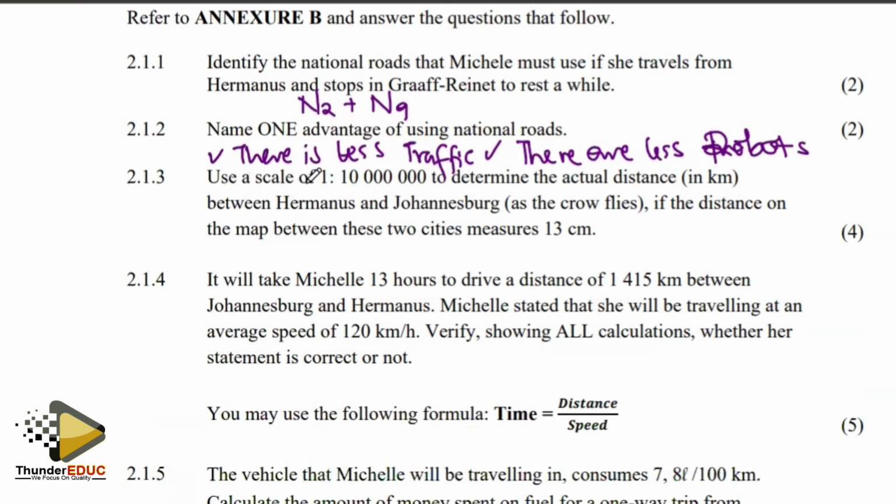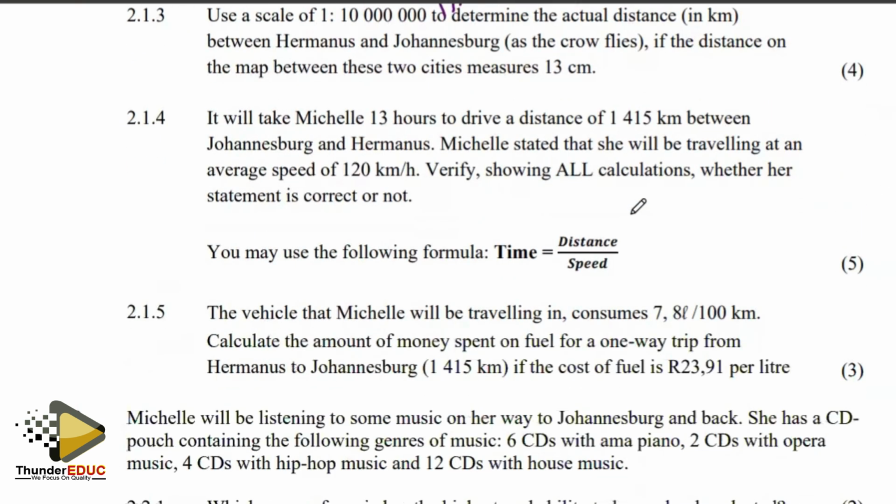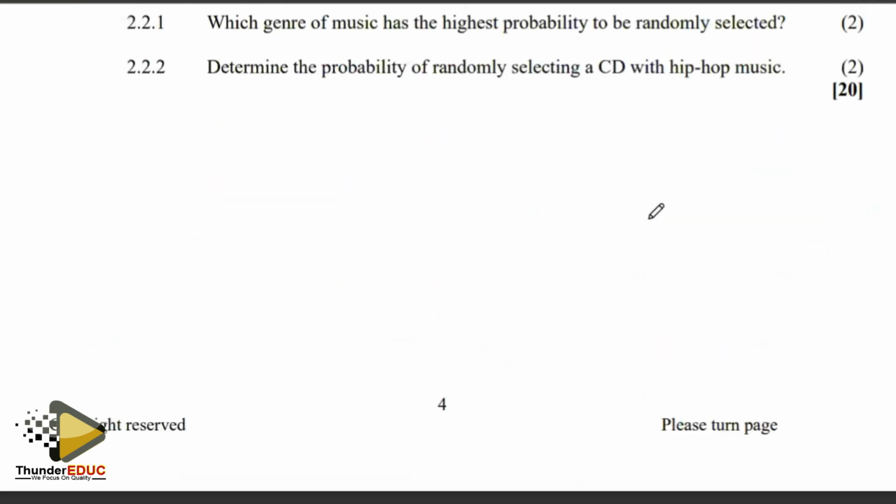Use the scale of 1:10 million to determine the actual distance in kilometers between Hammonds and Johannesburg as the crow flies, if the distance on the map between these two cities measures 13 centimeters. Allow me to use this space below. First and foremost, we have a scale.